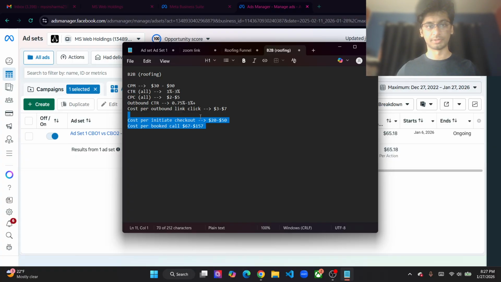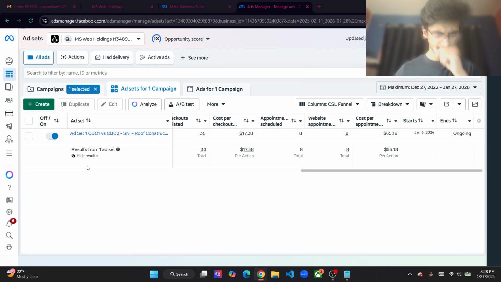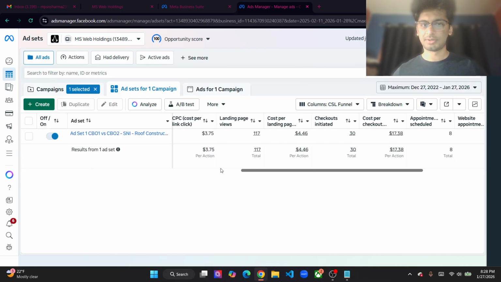And these two are the important ones, right? Also, click-through rate is important. Cost per click is also important. All of these are important, but those are the ones I especially look at. This is actually pretty valid for roofing, as you saw, like $142 per book call, but nonetheless. Okay.